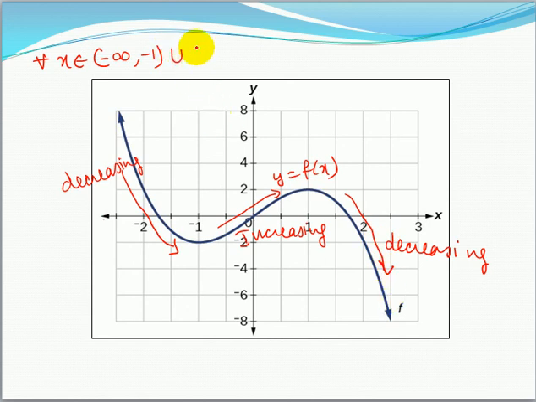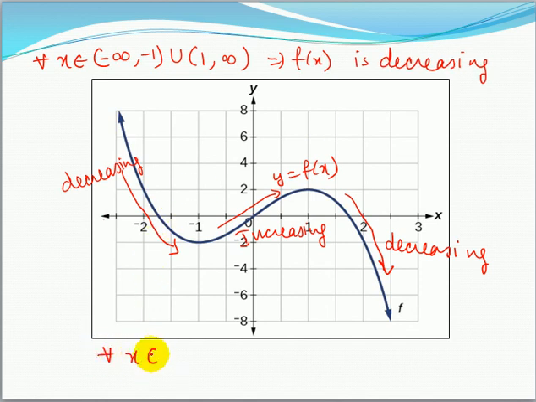In both these intervals, though x was increasing, y was decreasing, so f(x) is decreasing. Whereas for all x belonging to -1 to 1, y was increasing and the curve was increasing.